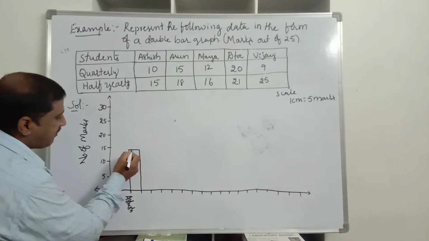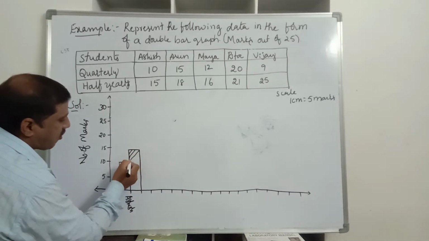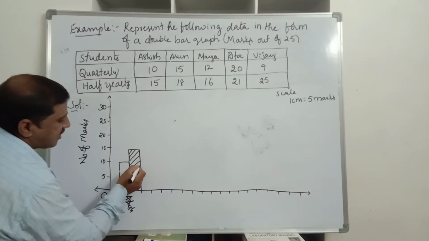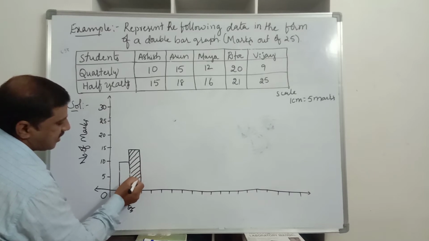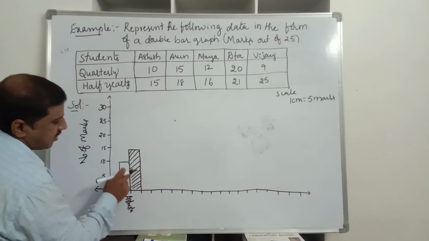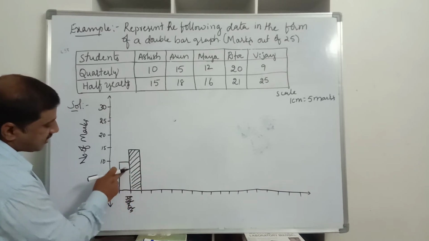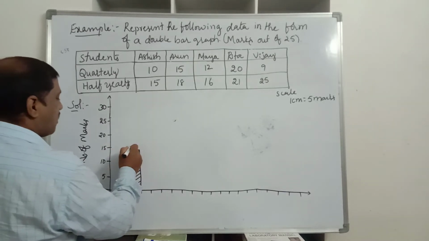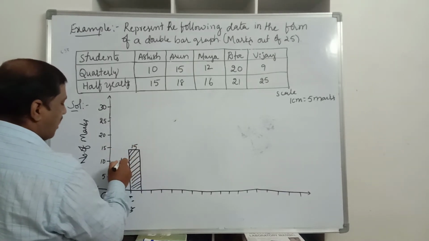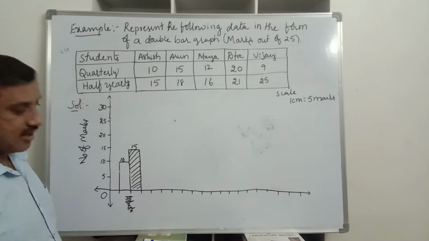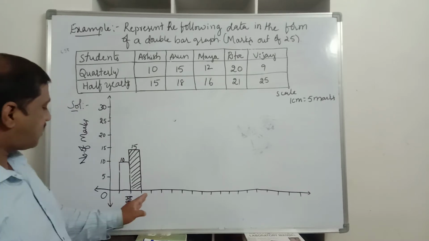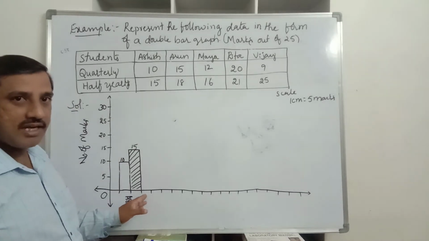I am differentiating with slant lines. This is half yearly marks and this is quarterly marks. Half yearly he got 15 and quarterly he got 10 marks. So this is Asis. Next, leave 1 centimeter width.